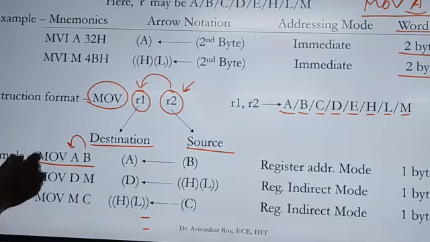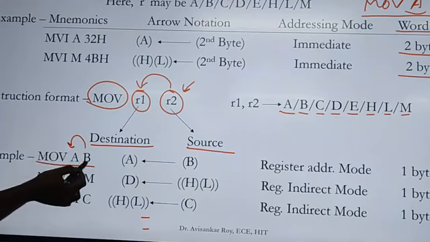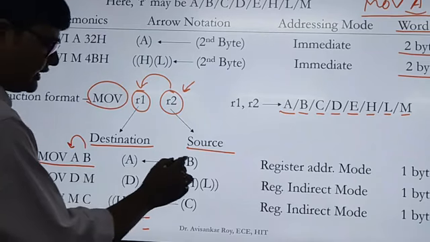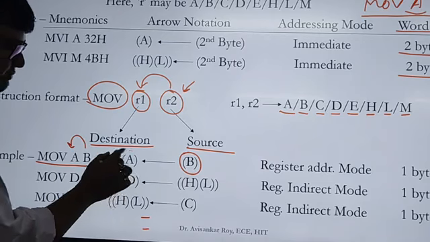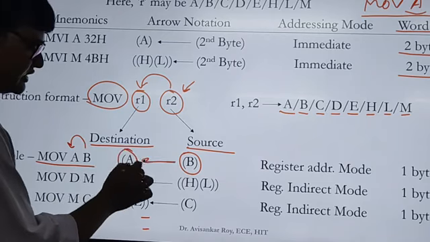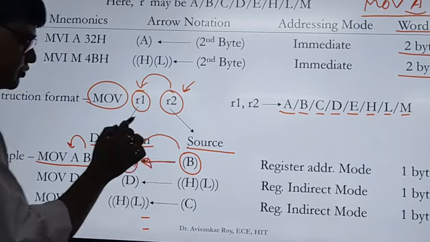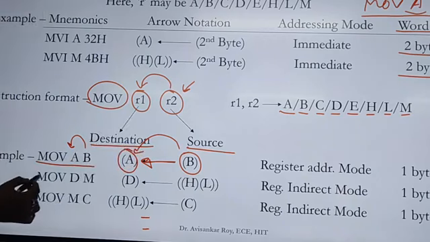MOV A, B means the content of B register will move to the accumulator. We can write this with notation: (B) within brackets is the content of B, and (A) within brackets, with an arrow in this direction, so the content of B will move to the accumulator. It defines the register addressing mode.